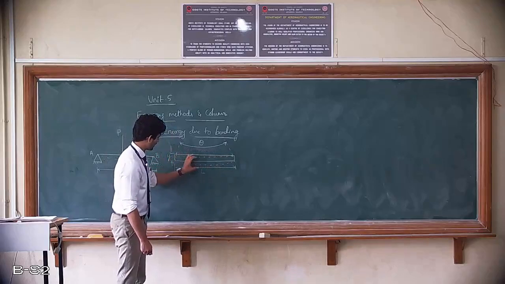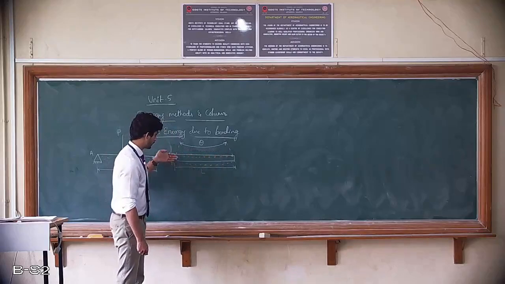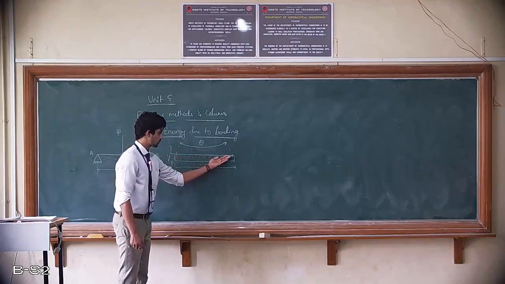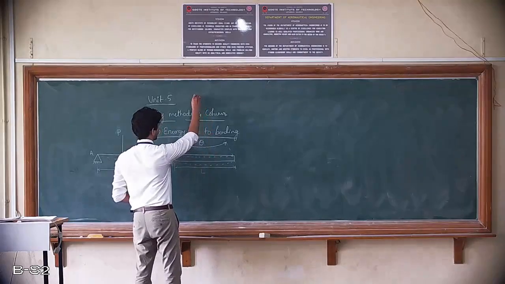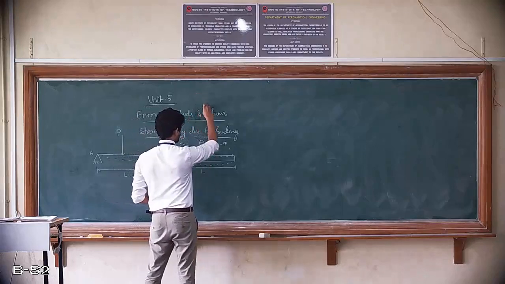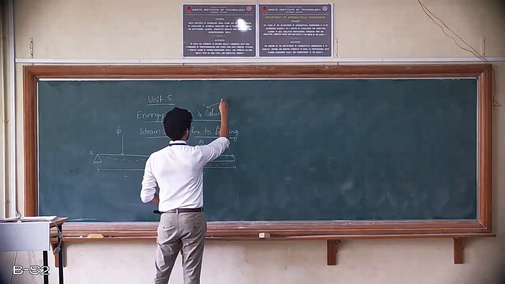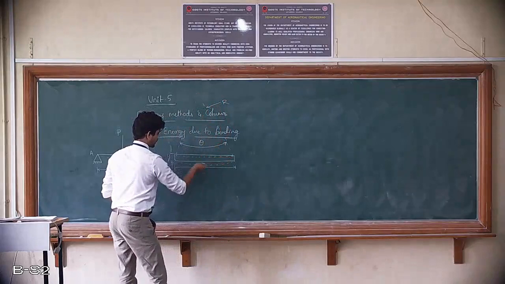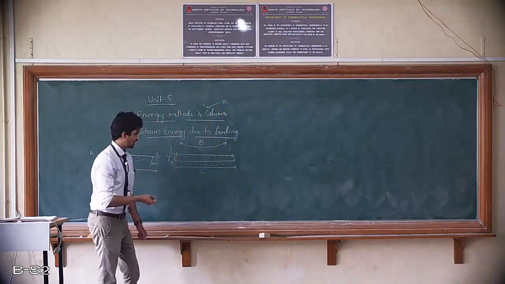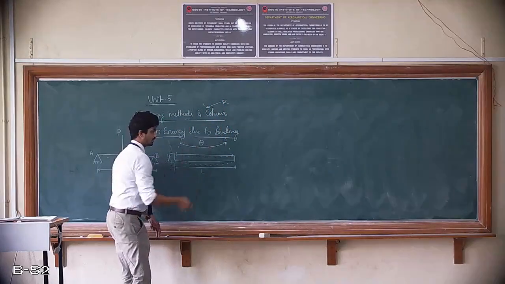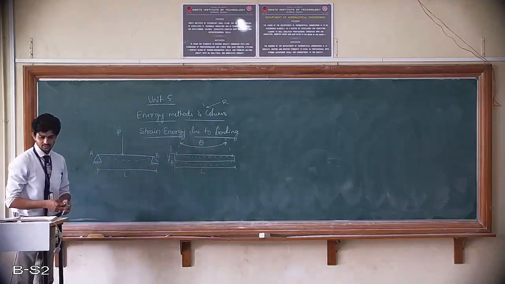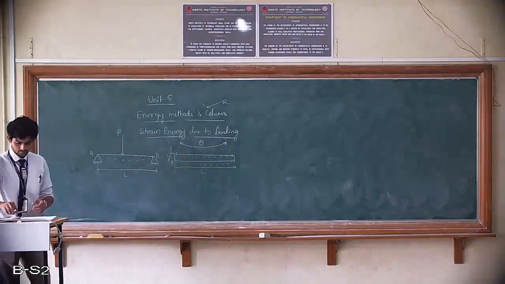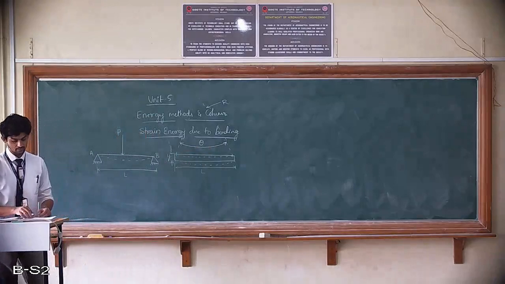Now when we have a bending like this, it is going to give a radius to this curvature. Suppose with respect to this point, this is nothing but radius r for this particular bending, and the angle theta is nothing but the angle of curvature. Now we are trying to make out a relation between this radius of curvature and angle of curvature.